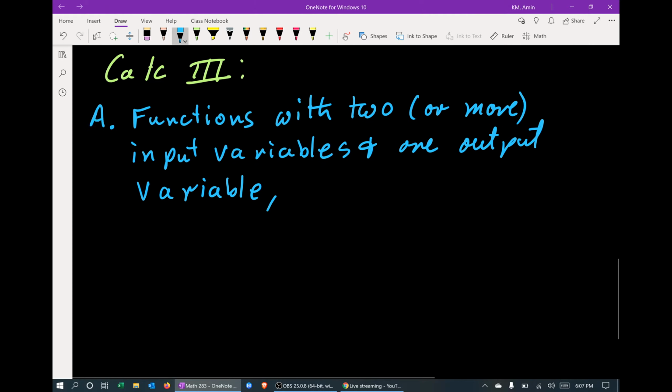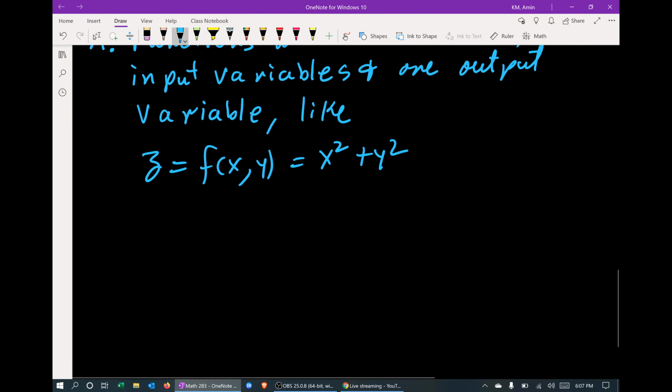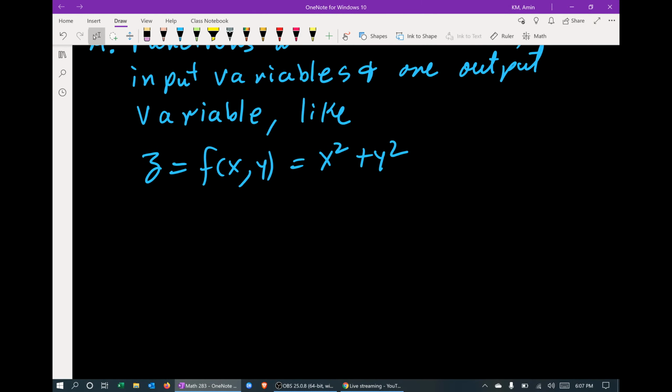Over here, we're going to look at two, like z equals... so we're going to graph them on three axes. So x, y, z.